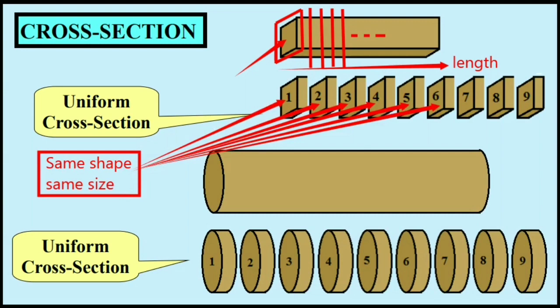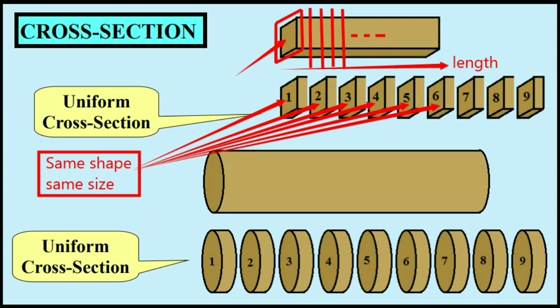So finally we observe here that the cross section taken here in the diagram is uniform cross section, and in case of a cuboid, any surface we take becomes the uniform cross section.